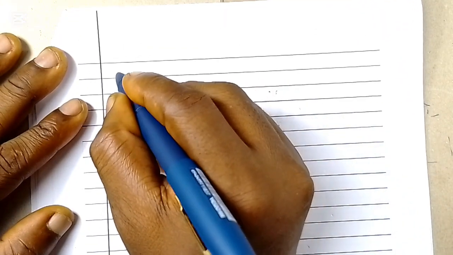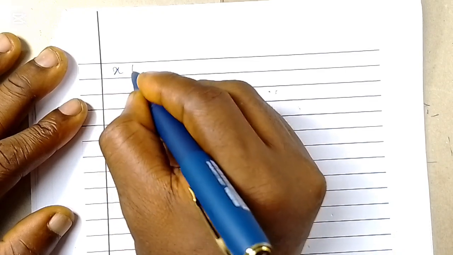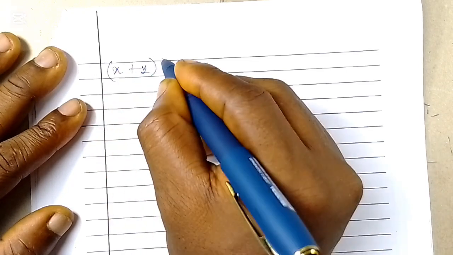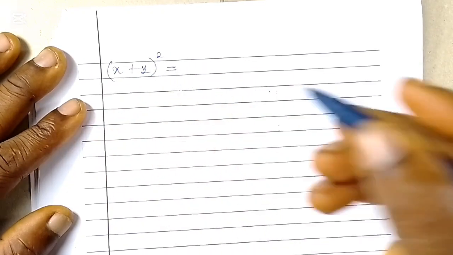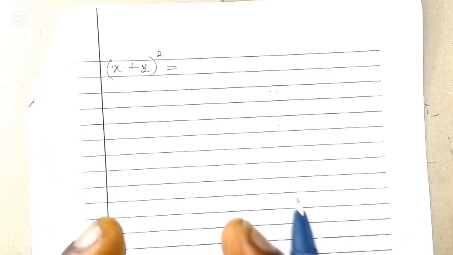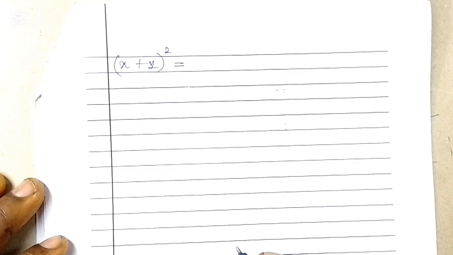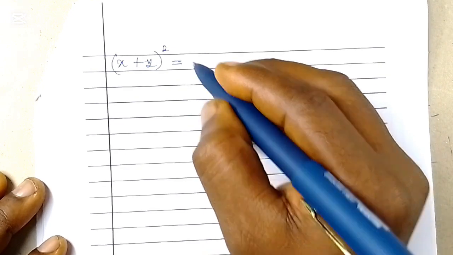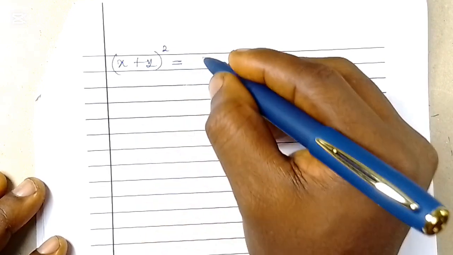Now, let's look at the binomial expansion of x plus y raised to power 2. According to the binomial expansion, the coefficients, unlike Pascal's triangle, are combinatorial in nature. So what do you do?